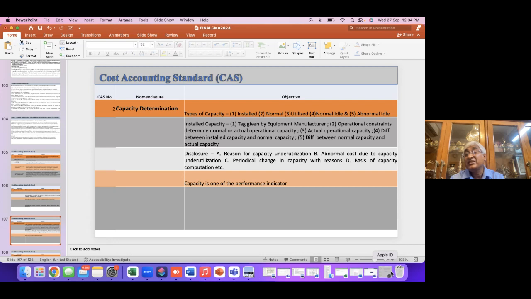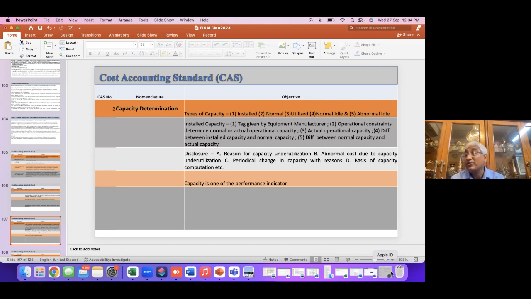When a machine is under regular maintenance, say weekly maintenance for a few hours, 6 hours, 7 hours, 2 hours, 3 hours like that, then it is the normal idle time. The laborers will be paid, no problem, because that machine requires such stoppages. Now, if the shaft of the machine is broken and the machine is not in a position to become operative for 10 long days at a stretch, that cannot definitely be a normal idle time.